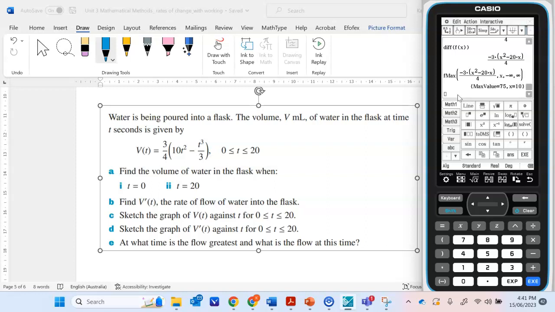All right, so in the context of this problem, it is t equals 10 and your maximum rate of increase is 75. All right, so let's write that down.